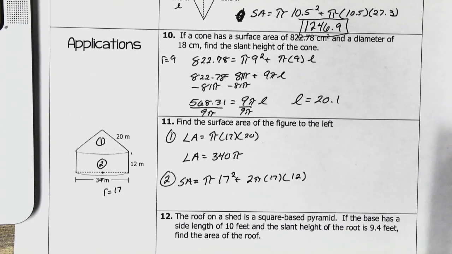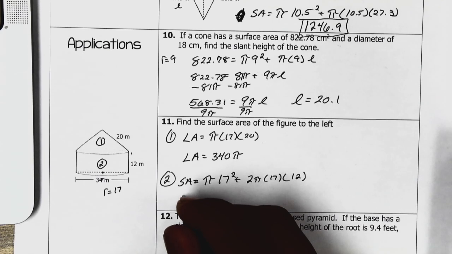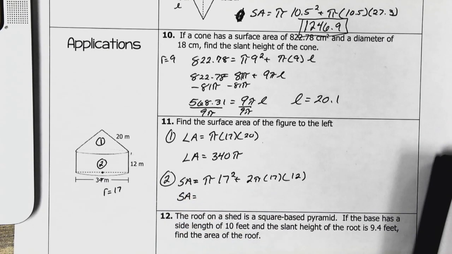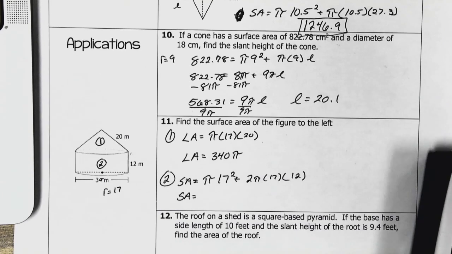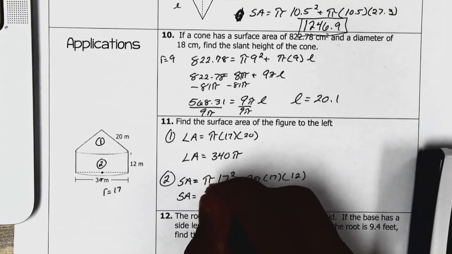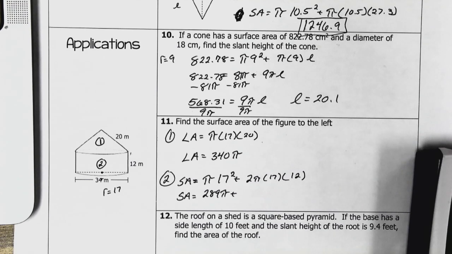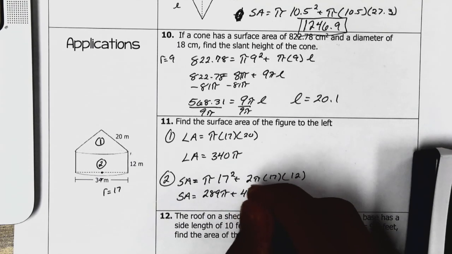All right, so I'm also going to keep this in the form of pi. So 17 squared, that's 289. So this is 289 pi plus 2 times 17 times 12. That's 408. So this is 408 pi.